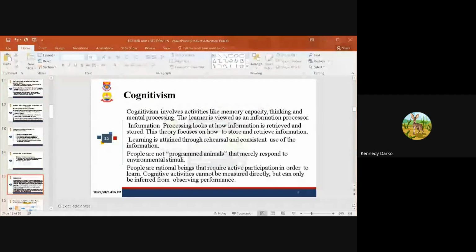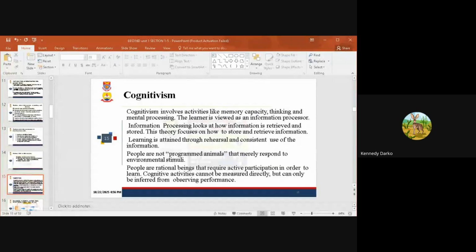People are not programmed animals. None of us are programmed animals or toys that merely respond to environmental stimuli. It's not that when it's raining, you don't have the sense to leave the rain, or when the sun is too high, you cannot leave there. We are not like that.